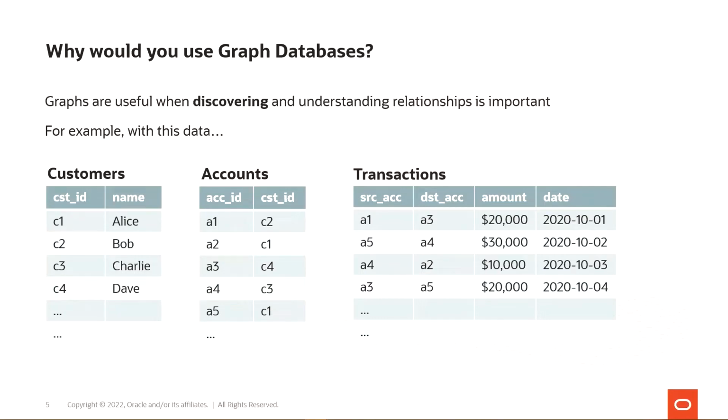For example, when we have a relational data model, like you can see here, we have a customer table, an accounts table, and a transaction table. And we want to use this to have a graph representation of this relational model.